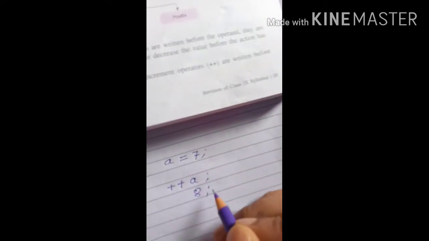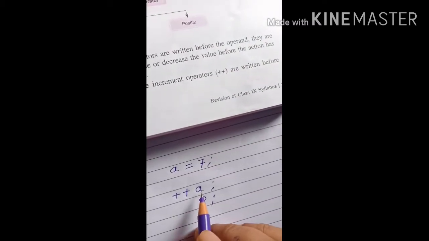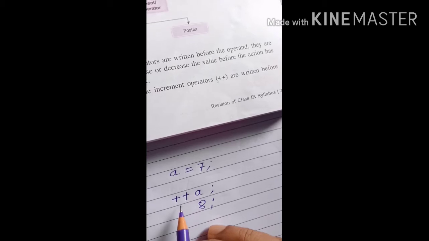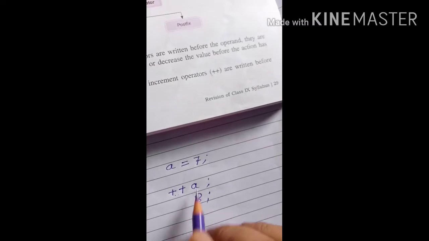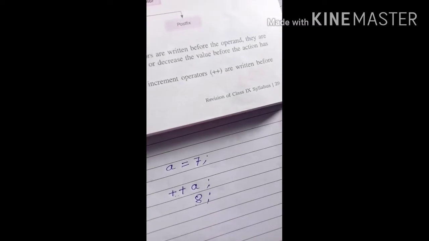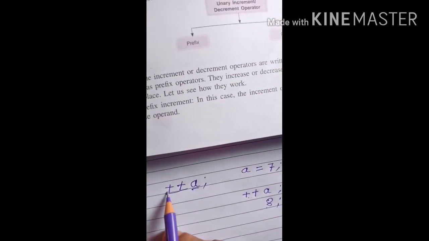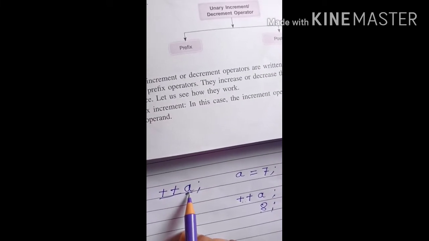In programming we write a terminator to end the line, that's why I am writing this. ++a means if the value of a is 7, then before the calculation starts the value will increase. ++a means 7 and 1 increment, it changes into 8. So in this case, increment operators ++ are written before the operand. You understood, ++a: ++ is the increment operator and a is the operand.